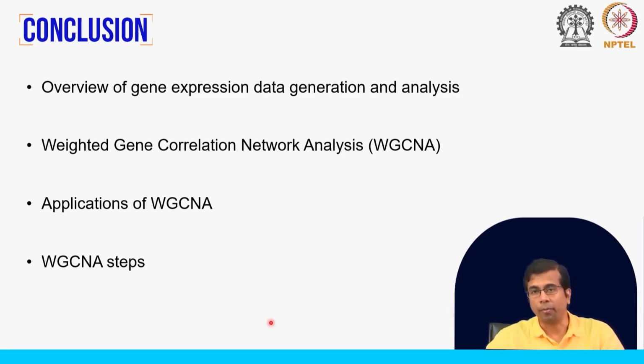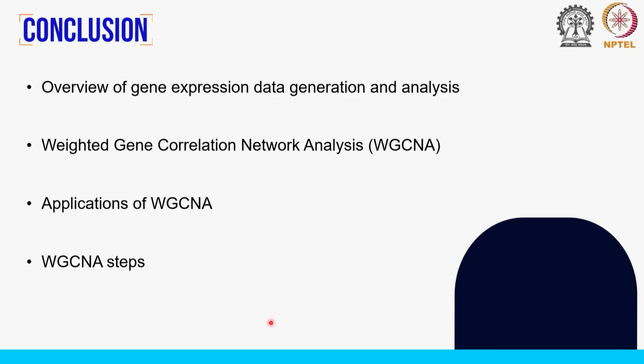We have talked about some of the applications, some of the analyses that you can do with gene expression data, for example, differential gene expression analysis or isoform identification. Differential gene expression analysis is a very popular method of analysis, and this is something that we have covered in an earlier course. There are R packages like DESeq2, edgeR, etc., that we had used in that course. So please head over to that if you are interested.